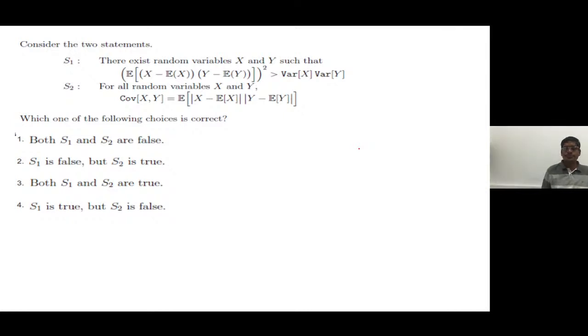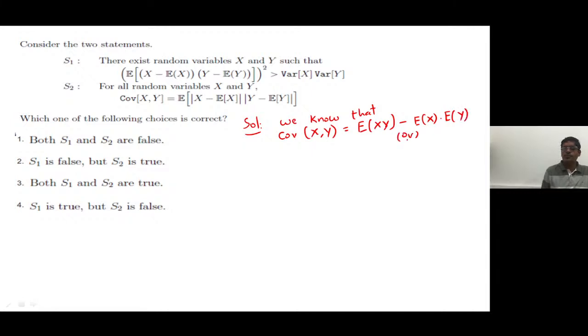So, four choices are given. Solution. The second statement is directly a formula. We know that covariance of x comma y is equal to E of x into y minus E of x into E of y.